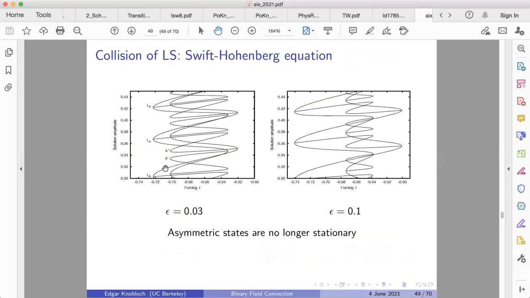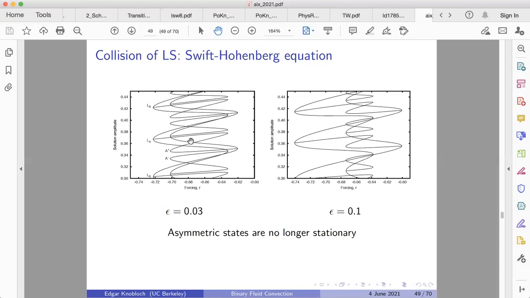The bifurcation diagram becomes a little more complicated. The even states split into two branches of even states when I make epsilon non-zero, and I get a reconnection between the rung states and the antisymmetric branch. So I'm going to call this the S branch. I'm going to call this the Z branch.